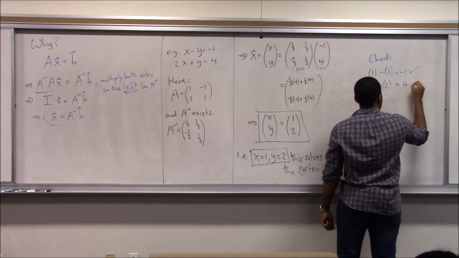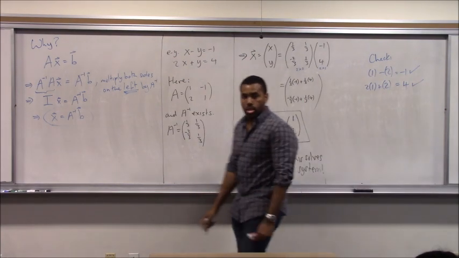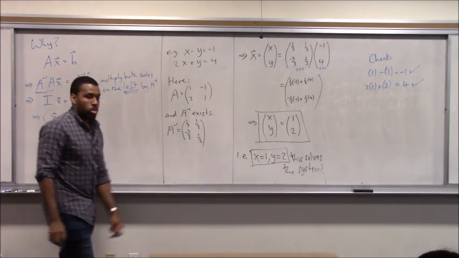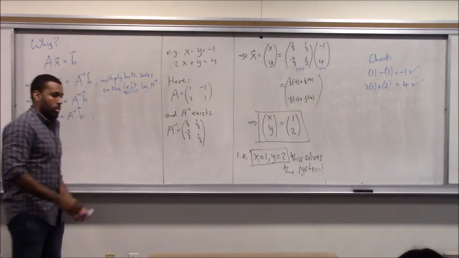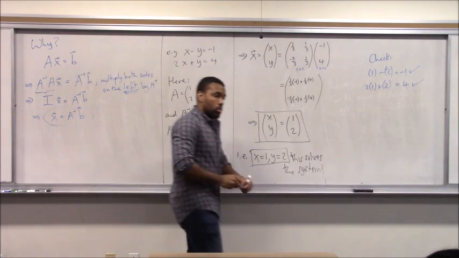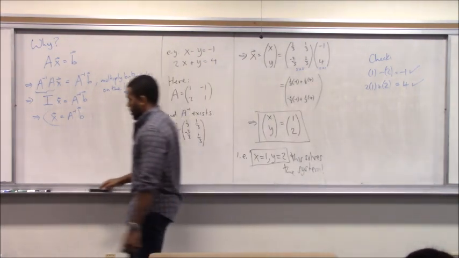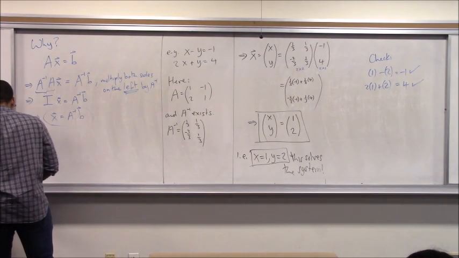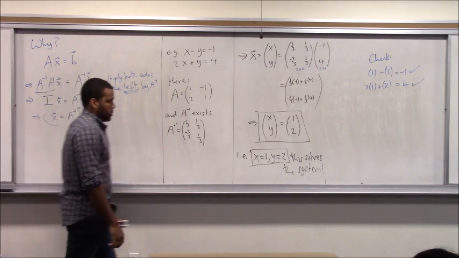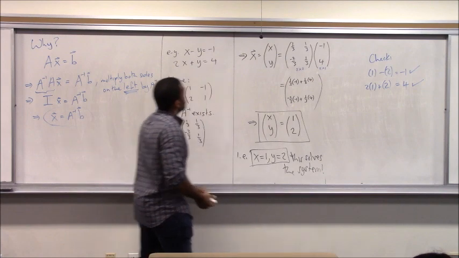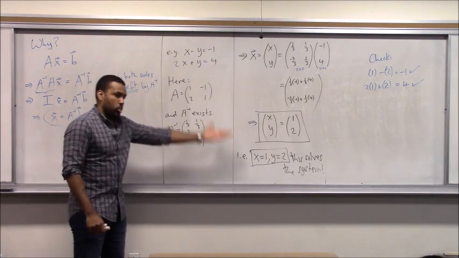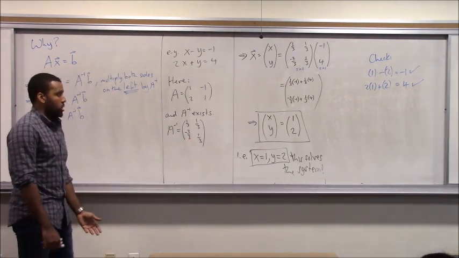That gives me 4. That set of numbers solves both equations at the same time. X is 1 and y is 2. Now, this is just to illustrate to you that this thing actually works, what we just built.